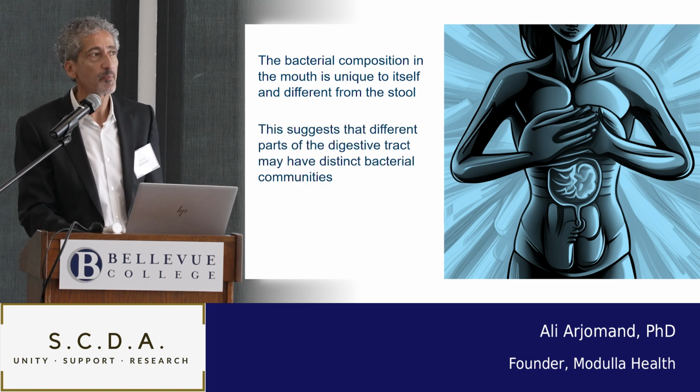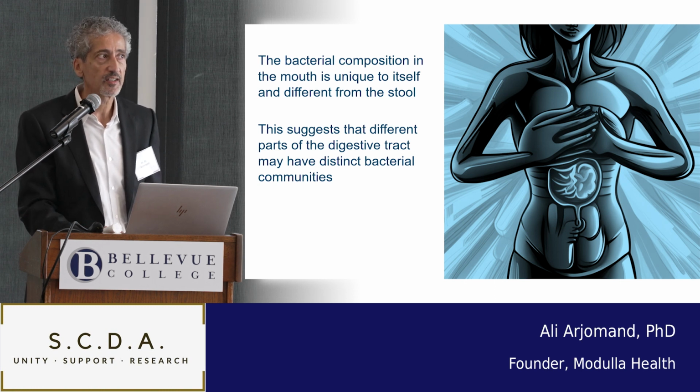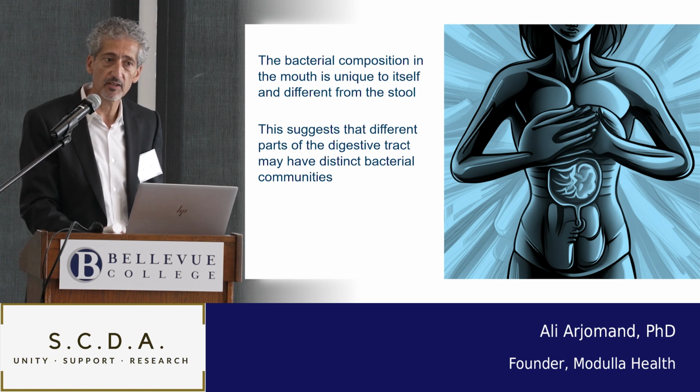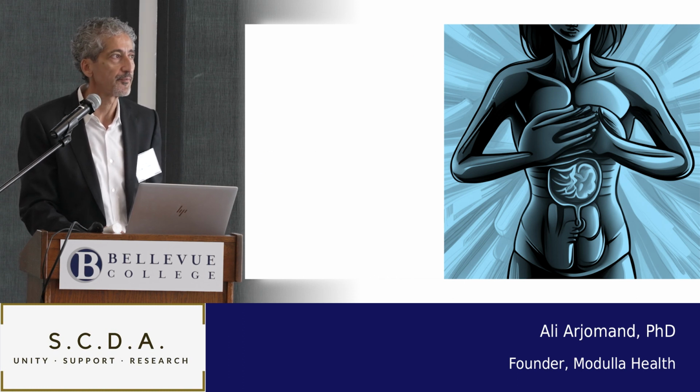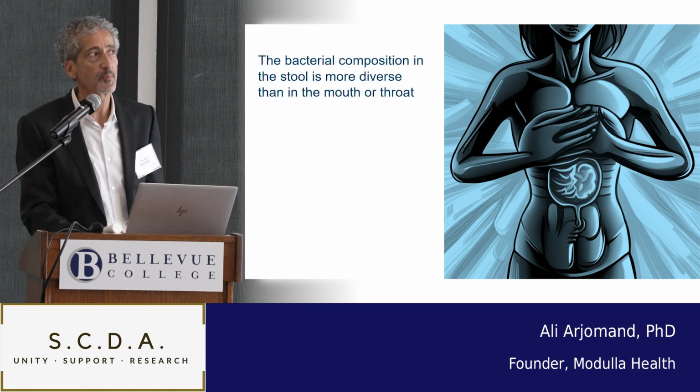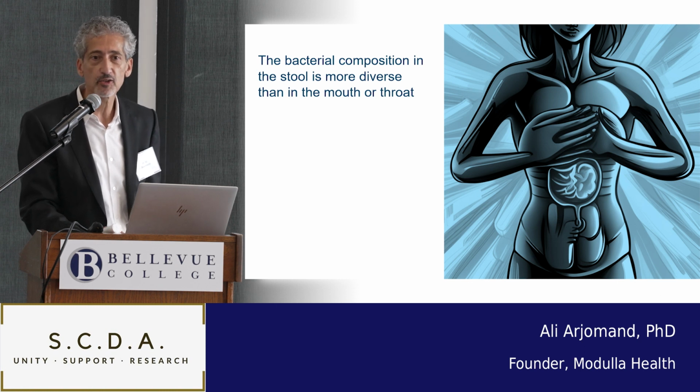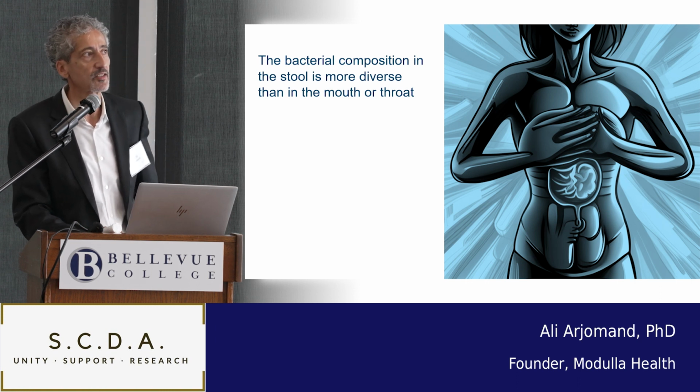This suggests that different parts of the body and different parts of the digestive tract provide a distinct bacterial ecology that nurtures different kinds of communities in different locations. The bacterial composition in the stool is more diverse, right? That's the gut microbiome arriving in the stool, being sampled in your measurements and kits that you might send for microbial analysis.